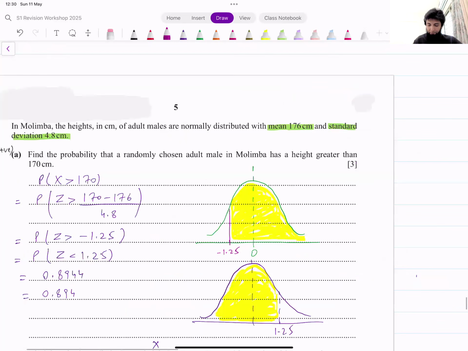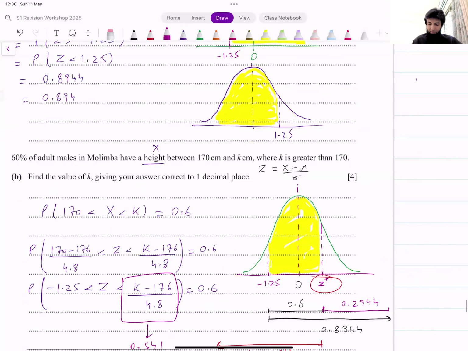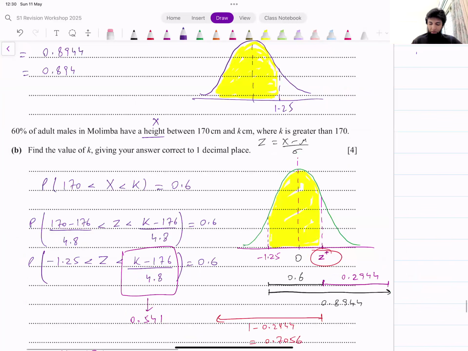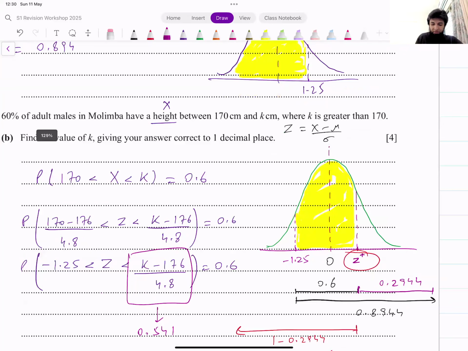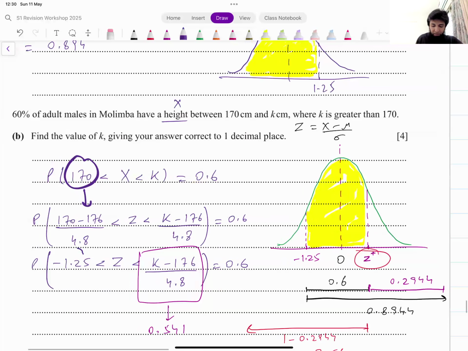Okay. Now, how do we think about this? So we've got one value. If we convert it to standard normal, you can do it directly or convert it to standard normal first of all. In this case, I've converted it to Z first of all. 170 minus the mean, which was 176, over the standard deviation, 4.8. That gives me that Z is between minus 1.25 and this value.